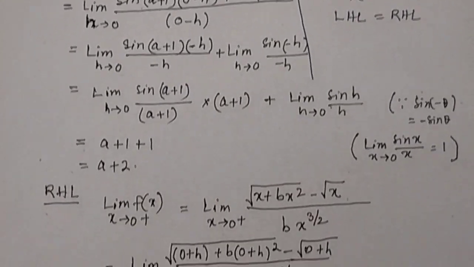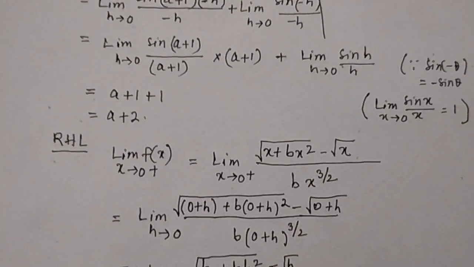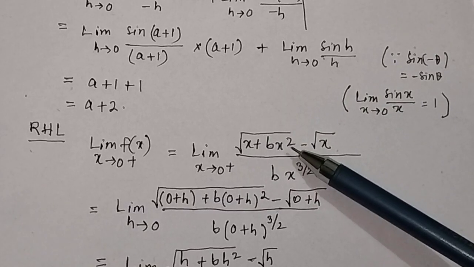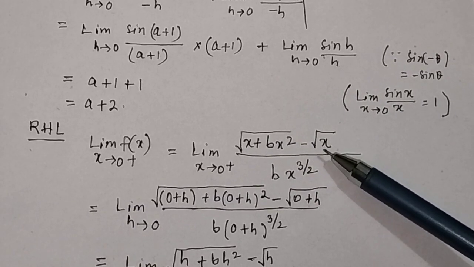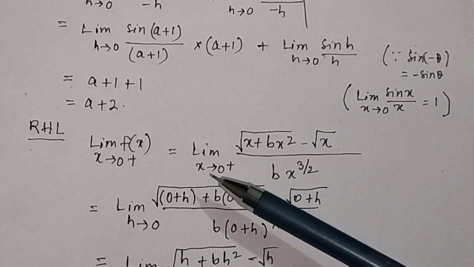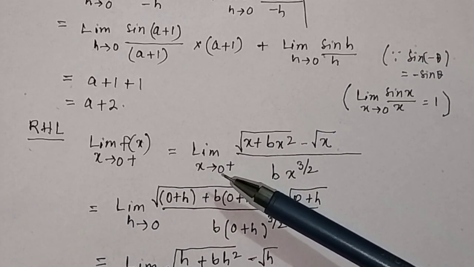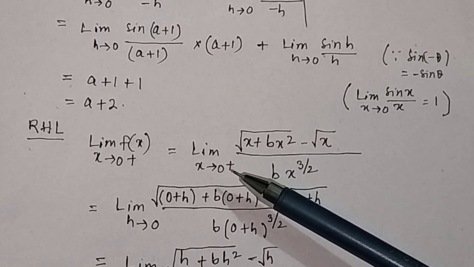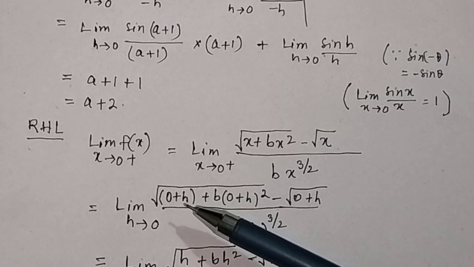So here we have taken the function x plus bx square root minus square root of x divided by bx to the power 3 by 2. And here we will take the value of x approaches 0 plus, that means 0 plus a small quantity h.